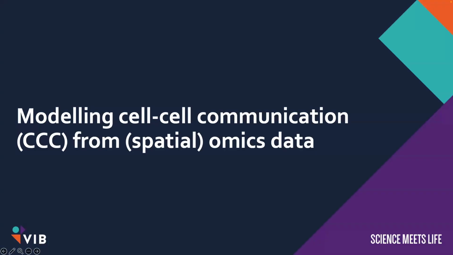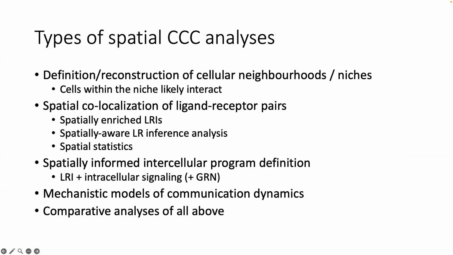So now let's see how we can get spatial information into these tools, right? There are a lot of types of spatial analysis you can do in the context of cell-cell communication modeling. As you've seen yesterday, there are many tools that are trying to model cell neighborhoods or niches or domains, whatever you call it, right?